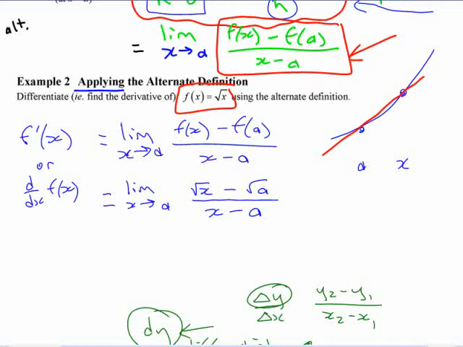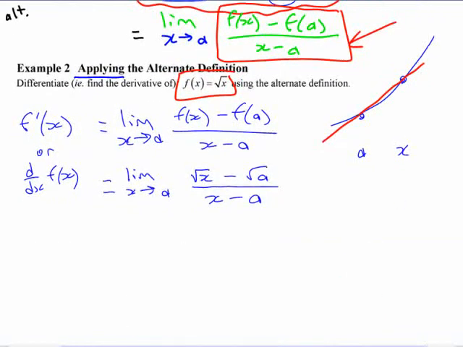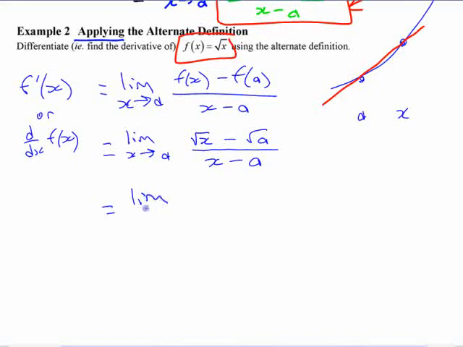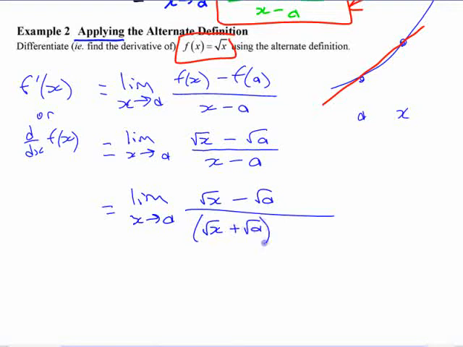What you can do is you can actually factor this. When you first learn to factor, you don't think of factoring that using roots, but you can factor that. Let's create some space here. You could make this equal to this on top, that factor, but on the bottom, x minus a, you could make root x plus root a times root x minus root a, just like any other factoring thing.